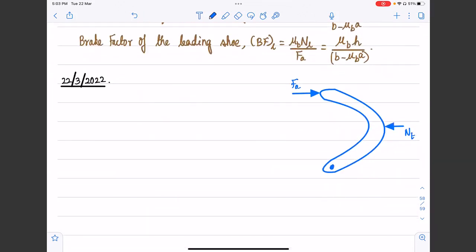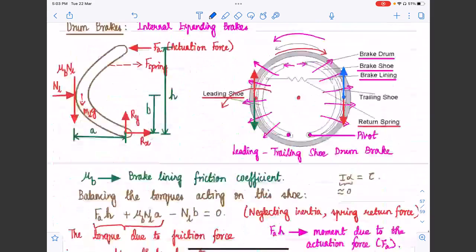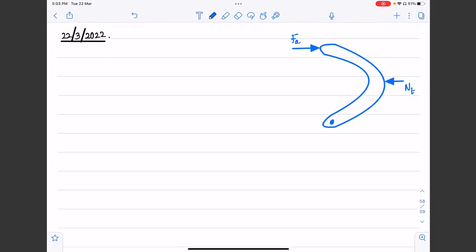So we go and draw the friction force acting on the trailing shoe. That's going to be upward like this. And this is going to be mu_b times N_T.